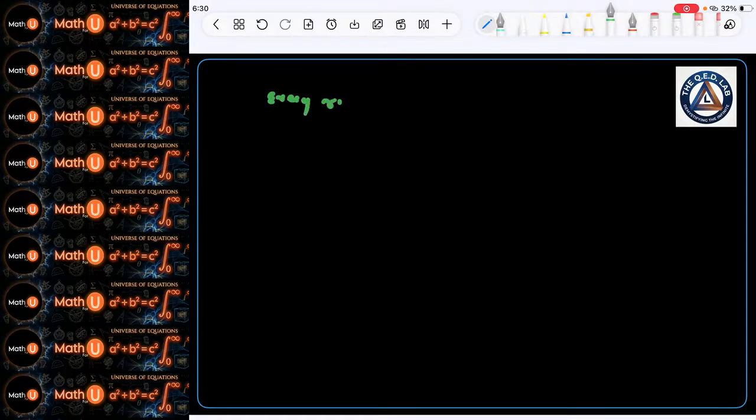Every row is a scalar multiple of the same vector V transpose. This implies, what is the meaning of this?